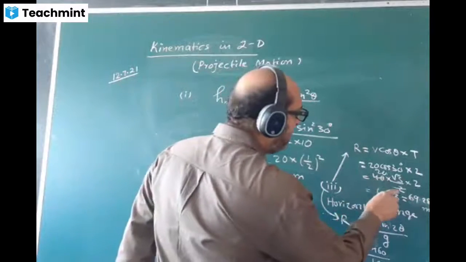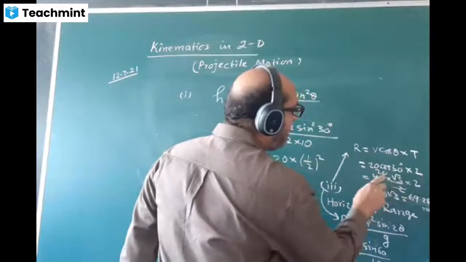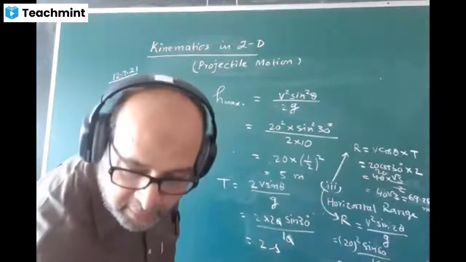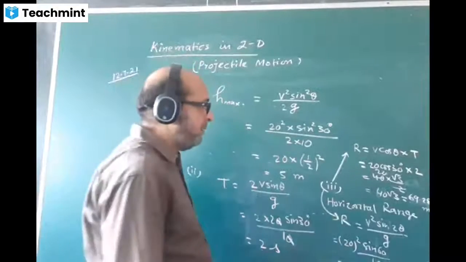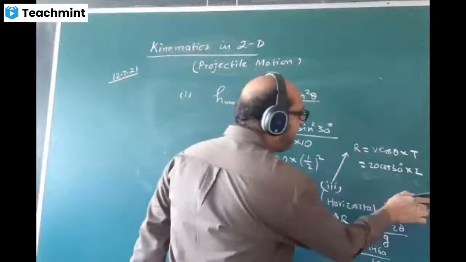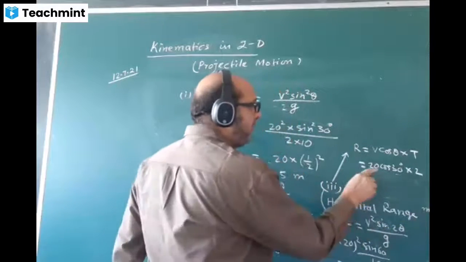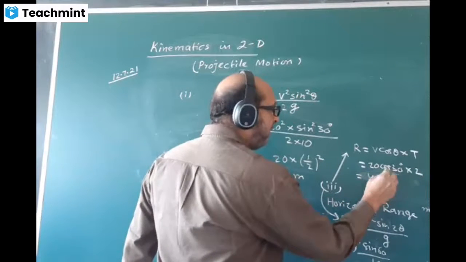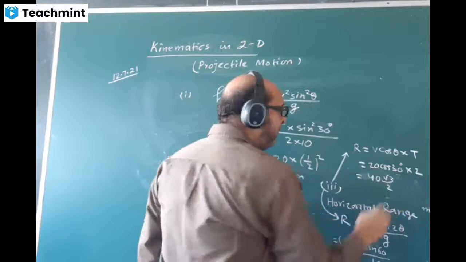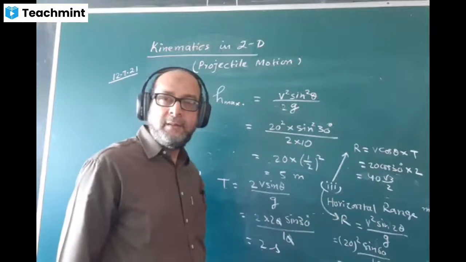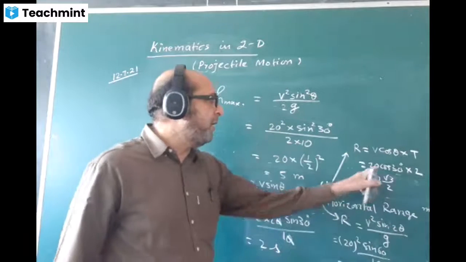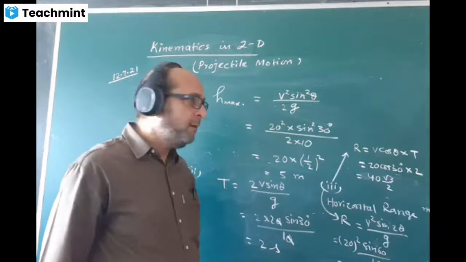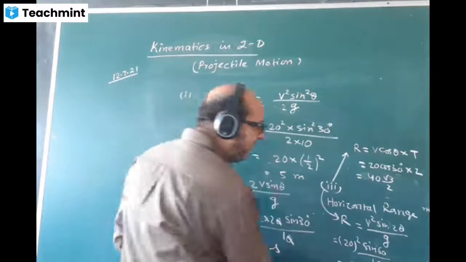This 40, I wrote 40 actually. 2 will not come. I think the previous answer was right. Please do check the calculation. This is 20 cos 30, I already multiplied the 2 here, 40 cos 30, value like root 3 by 2. I think the previous answer only was right.